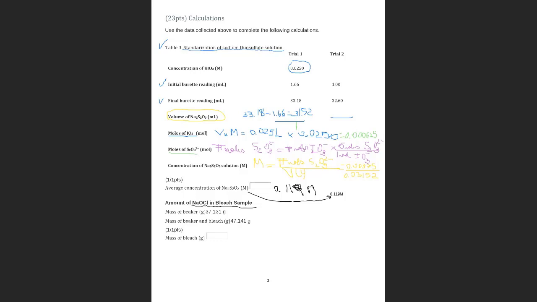This is the mass of the beaker and the bleach minus the mass of the empty beaker. And that equals 10.01 grams. So this is the mass of the bleach that you are going to use for your titration.